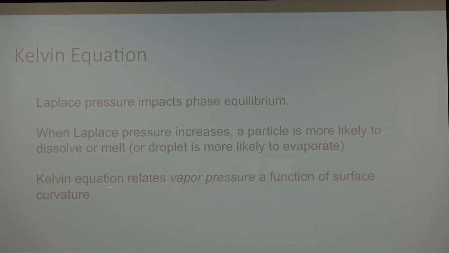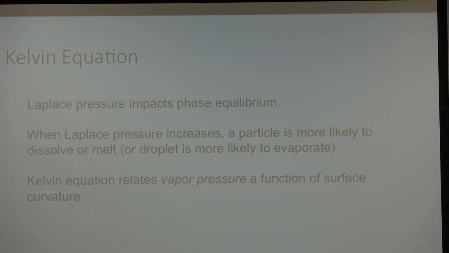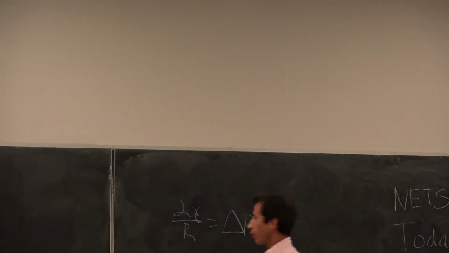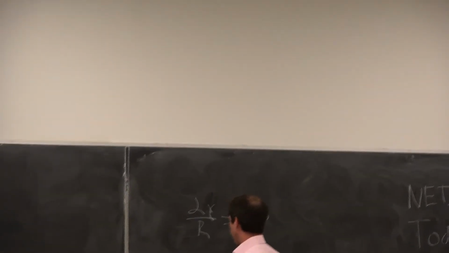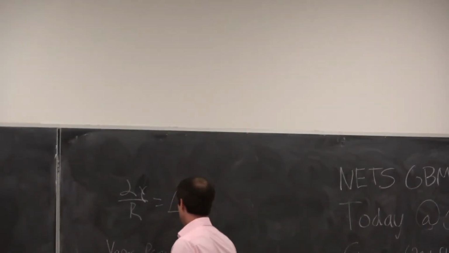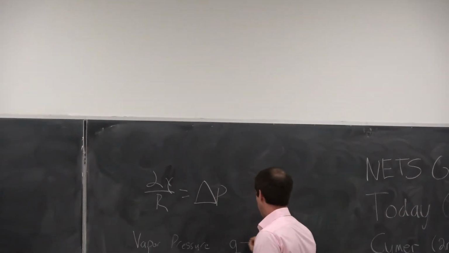So what the Kelvin equation does is relate the vapor pressure as a function of surface curvature. What we were talking about before with Laplace pressure is the delta P, and now we're looking at an overall vapor pressure, the equilibrium between a gas and a liquid.